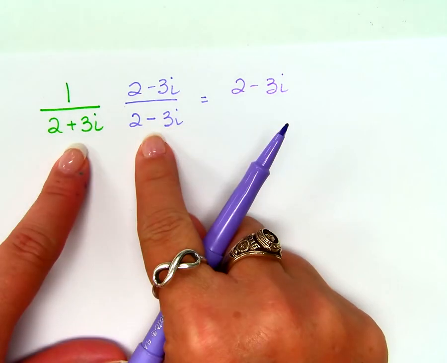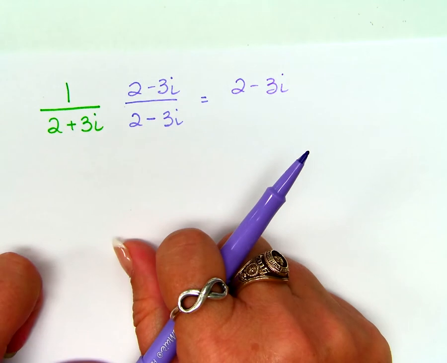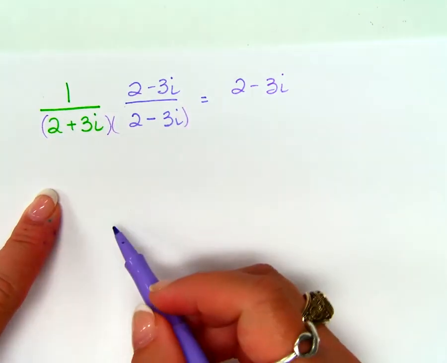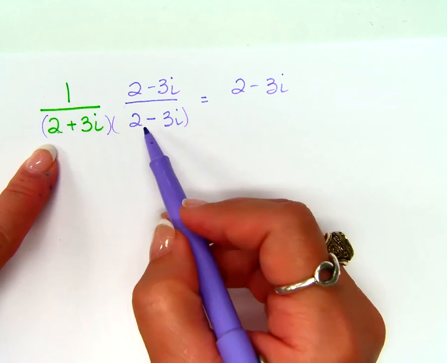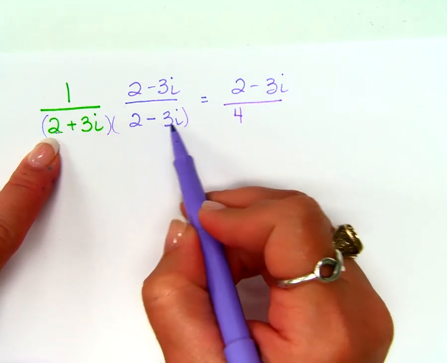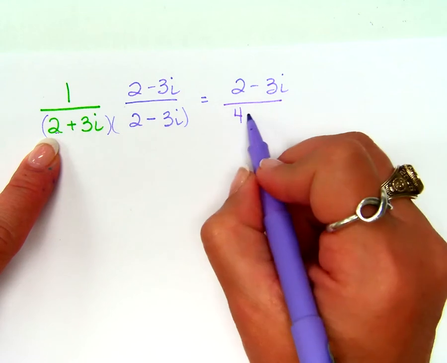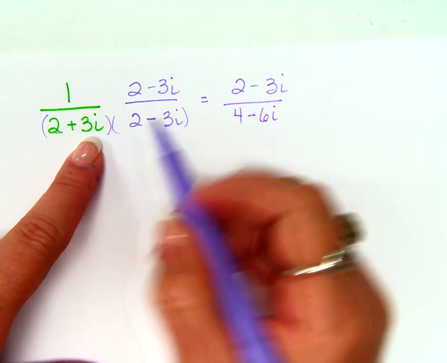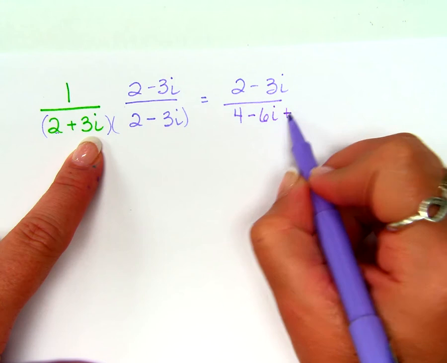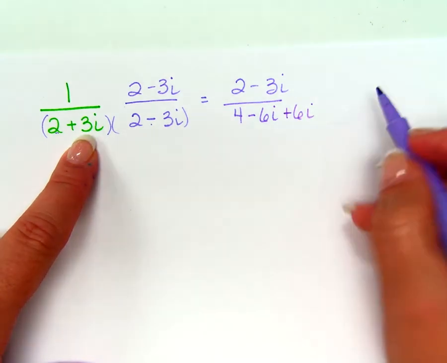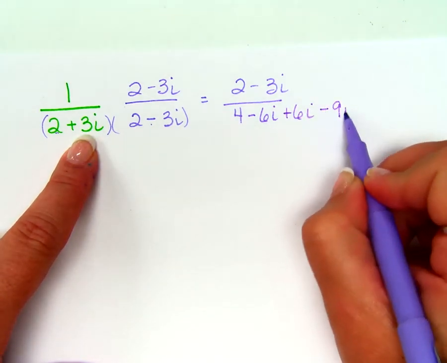How would I multiply straight across the denominator? Well, we just did it, so let's do it again. What's 2 times 2? 4. What's 2 times negative 3i? Negative 6i. What's 3i times 2? 6i. What's 3i times negative 3i? Negative 9i squared.